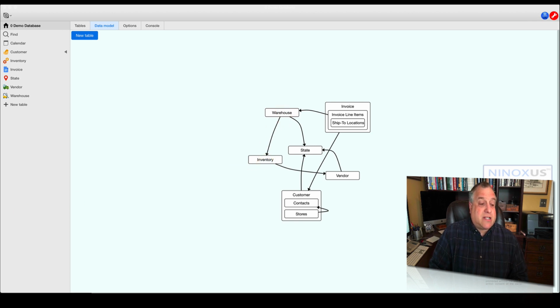Now, let's look at a couple of other things before we conclude. Let's take a look at this relationship right here, where we have one child linked to another child in the same family. In this relationship, what we are demonstrating is that customers have multiple people working for them and multiple stores.